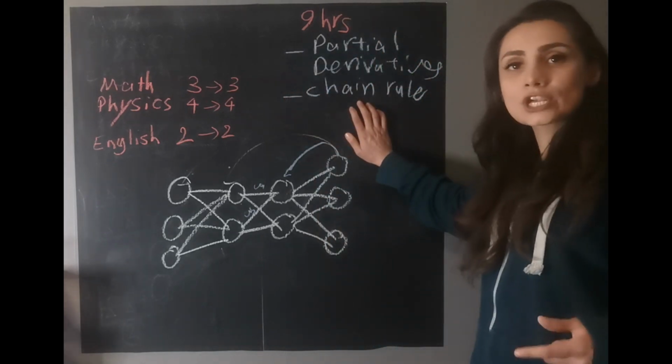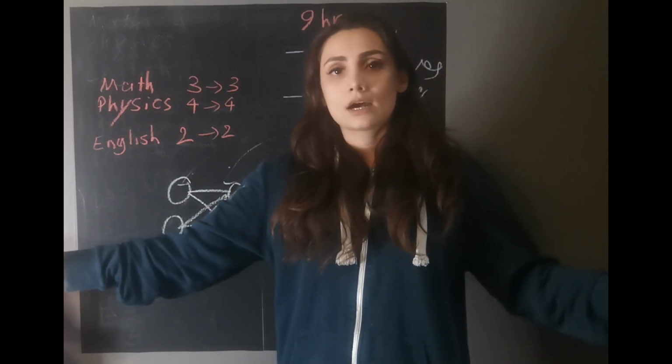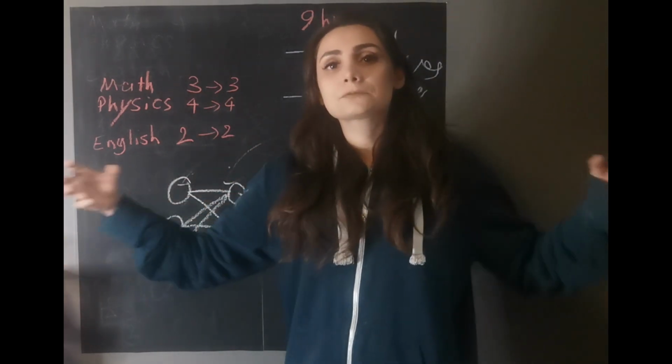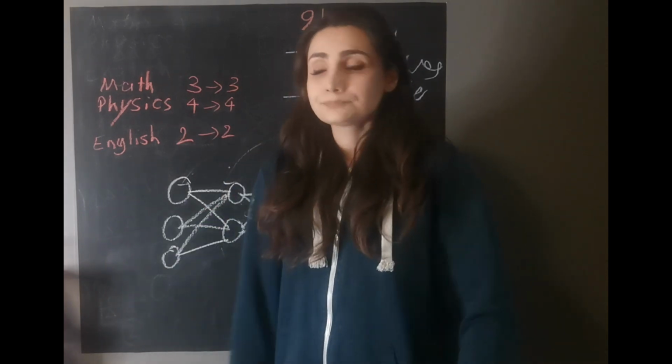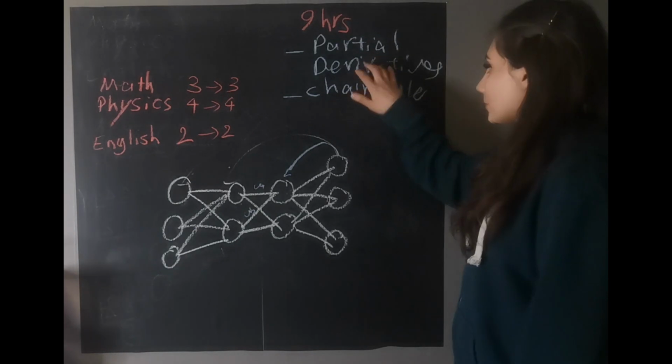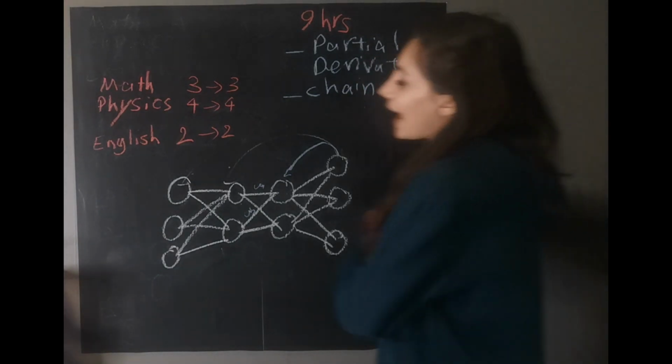And then you have the chain rule that is going to consider all of these courses or all of these features together and update them all together. Okay, so now we talked about partial derivative and chain rule, and those are both part of backpropagation.